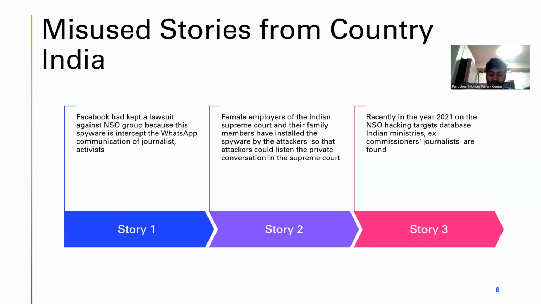So it will be a big threat to India. And recently, in the year 2021, in the NSO database, there was information about people like Indian ministers, commissioners, CMs, chief ministers, and mayors; there were numbers of theirs found in the database.